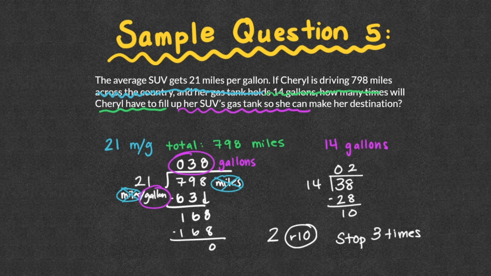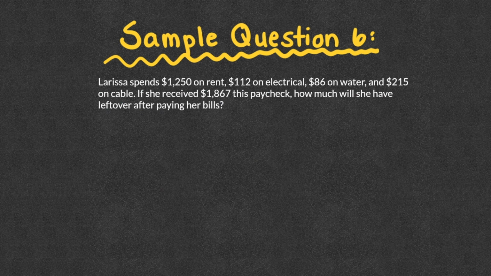That takes us to 28 gallons, and she does need to stop then a third time for those last 10 gallons. These are the trickiest problems where decimals do not make sense, because you could not have stopped a remainder of 10 times. You could not have stopped 5/7 of a time at a gas station. You need to make sure you stop there the whole time. So that officially counts. All right, here comes our last sample question of this lesson.